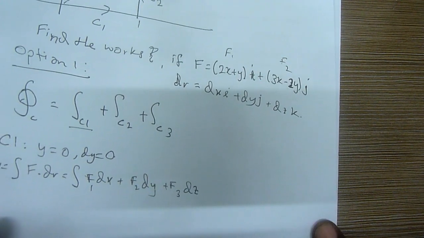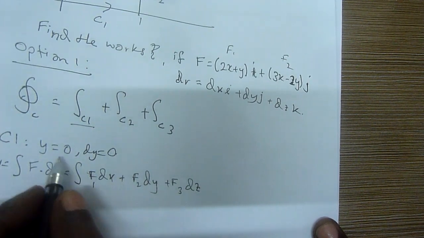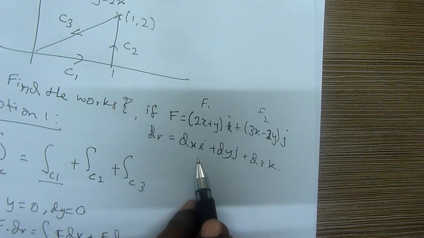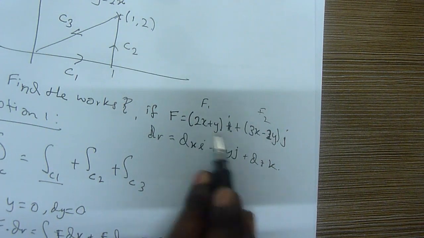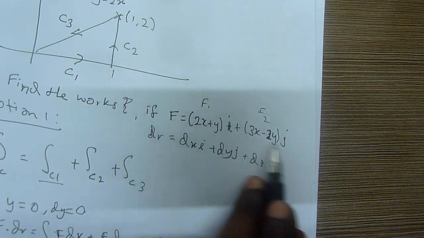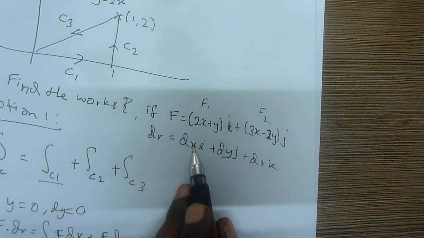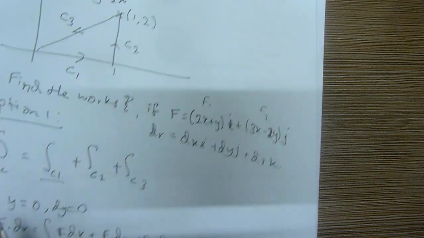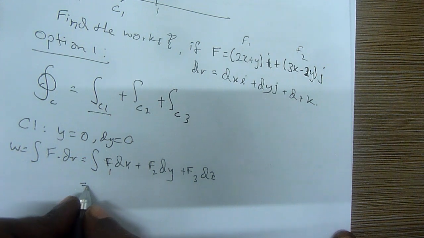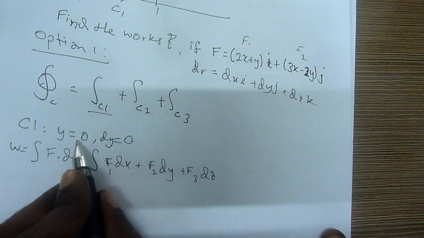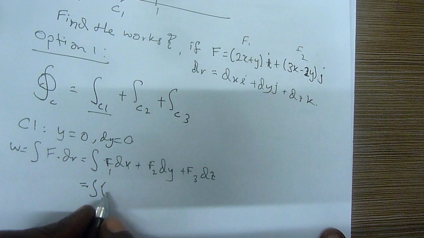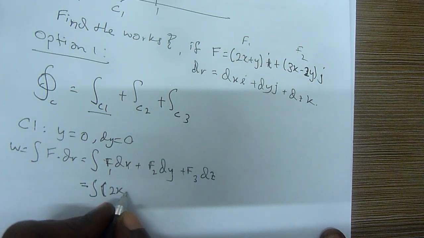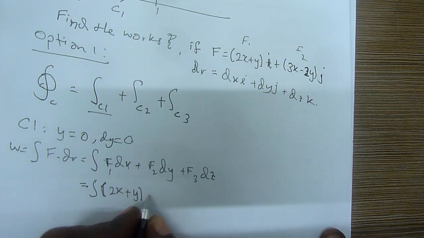Now with this, since this is a 2D base, therefore dz k is not there. It would influence the calculations. Therefore we just match dx and dy. For the case here, dy is 0, so we need not calculate it as well. Therefore f1 is (2x plus y) dx.